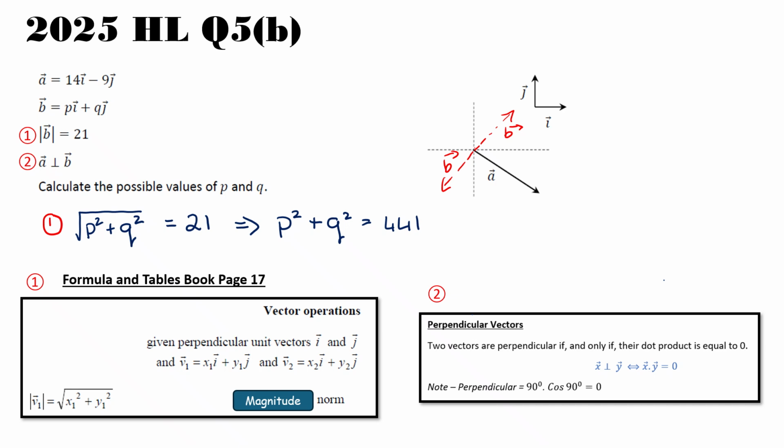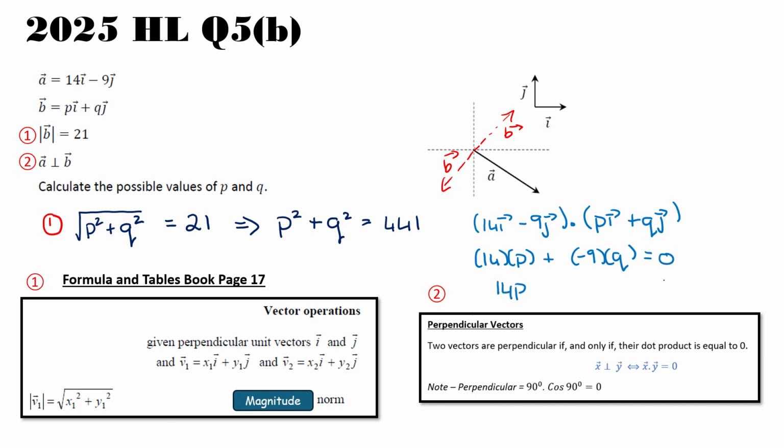So what we mean by the dot product is if we multiply A, which is 14i minus 9j, by B, which is pi plus qj, then we do 14 by P plus minus 9 by Q, and that's going to give us 0. That gives us 14P is equal to 9Q, and that's our second equation.